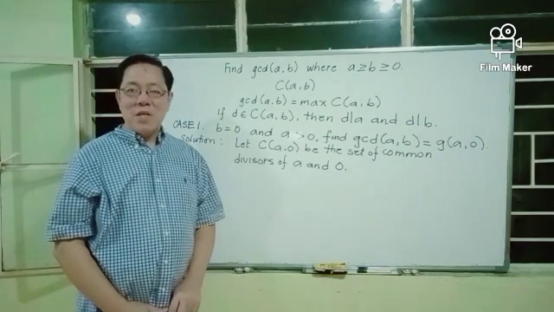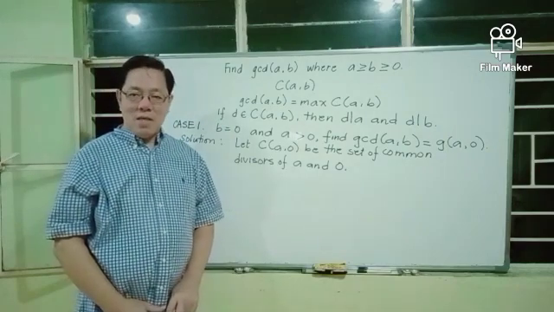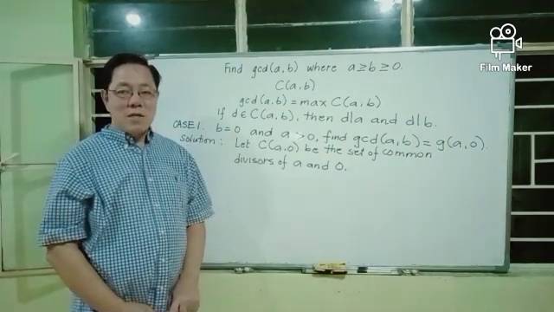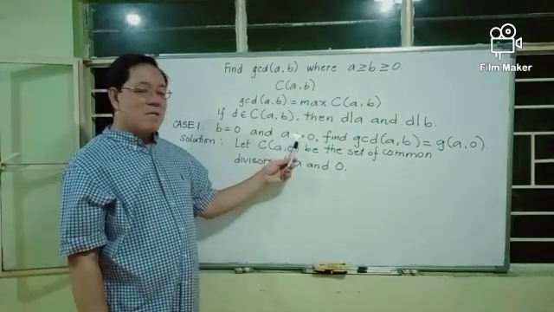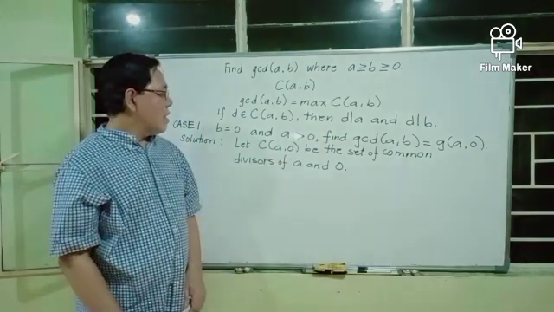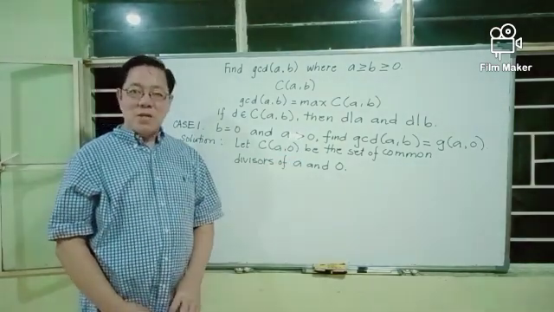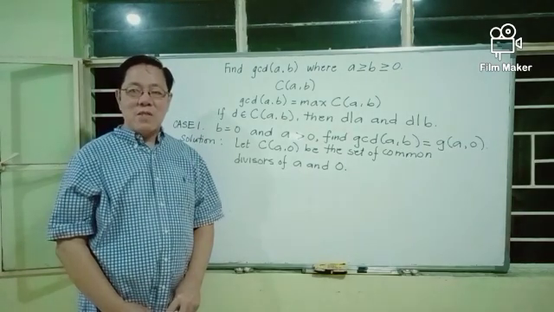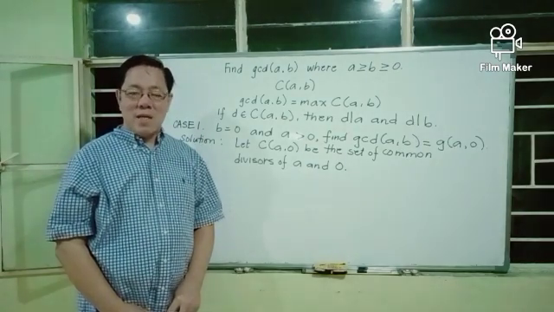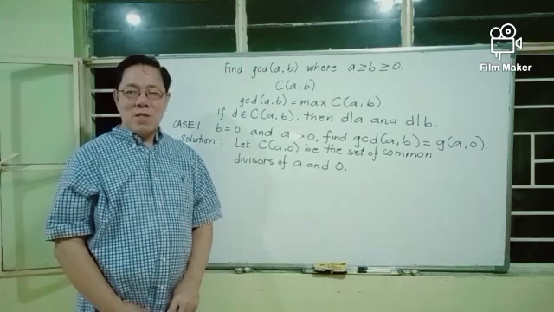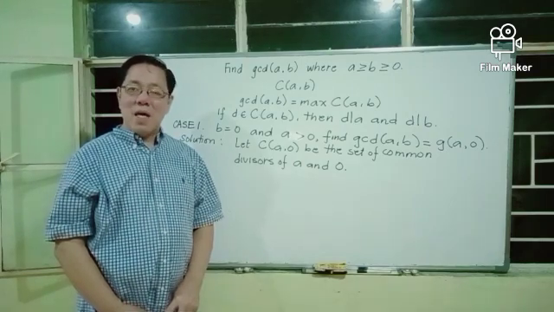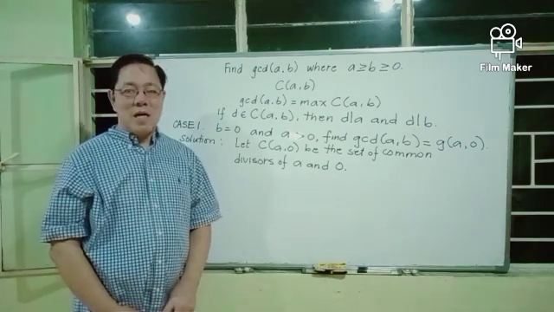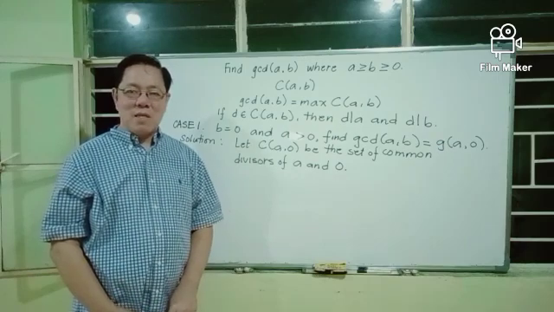But not every integer can divide a non-zero integer, but a positive integer. For example, 0 divides 0, but 0 does not divide a. 0 divides a only if a is equal to 0. And that's another property of divisibility.